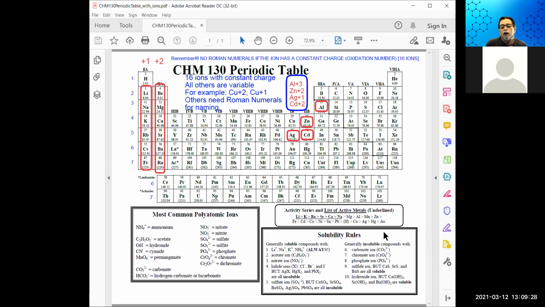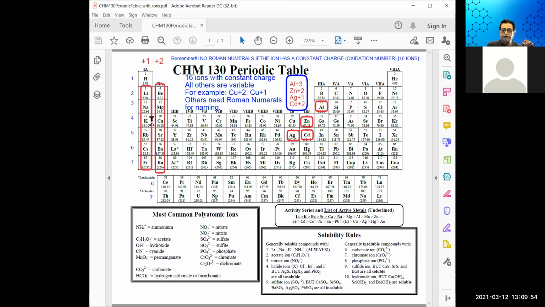But there are 16 metals that 100% of the time have a constant oxidation number. They don't vary. They don't change. Now the metals in group 1, excluding hydrogen. Hydrogen is not a metal, but the metals starting with lithium in group 1A down.